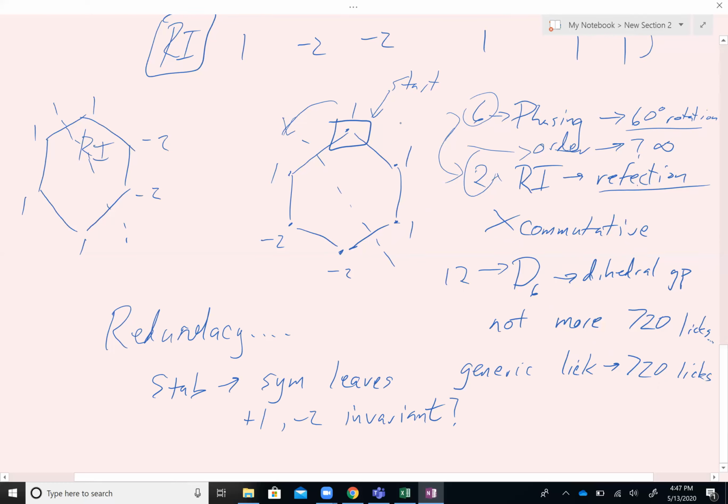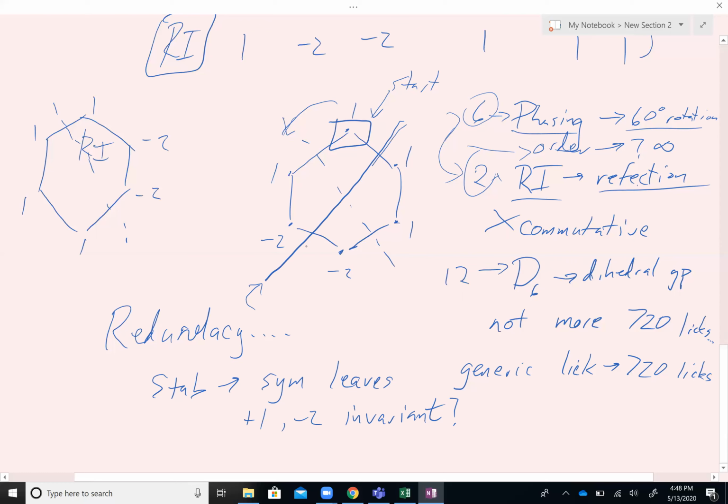And sure enough, you can see if I reflect about the other diagonal, that reflection is a symmetry of the hexagon, and it also leaves all of my labels the same. So because of this reflection right here, this is going to give us a redundancy. And we can figure out what that redundancy is just by writing that reflection in terms of our 2 generators, P and Ri.